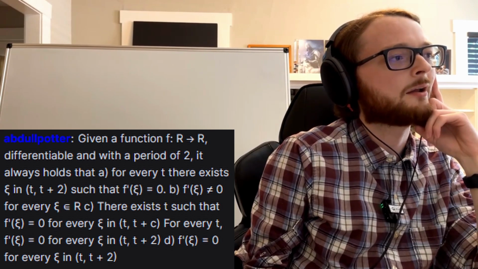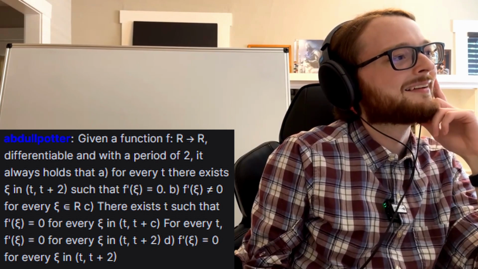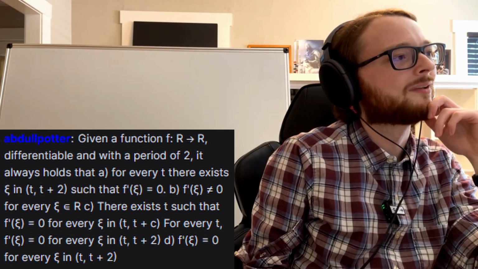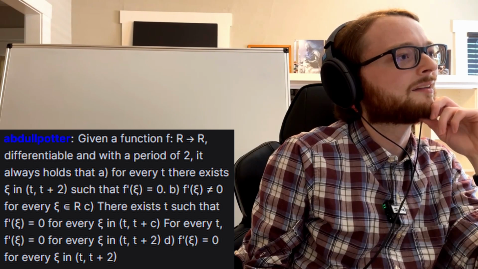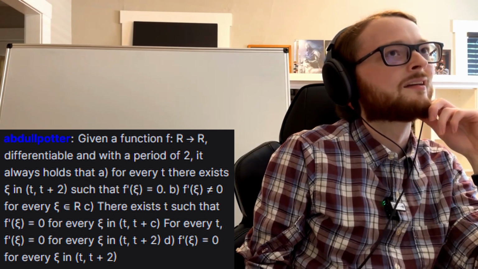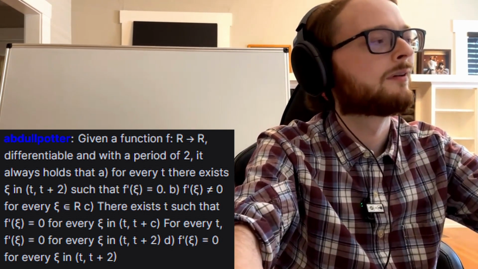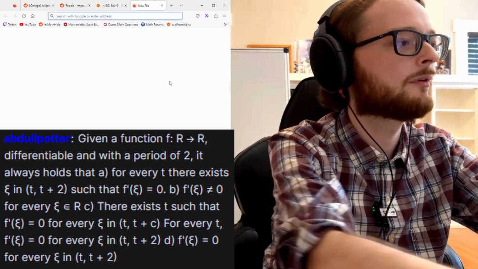Well, D can't be true, right? Okay, and I'll say A is just Rolle's theorem. If it's periodic, I guess you would have to have a critical point in order for it to repeat.